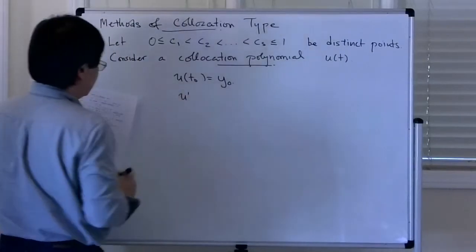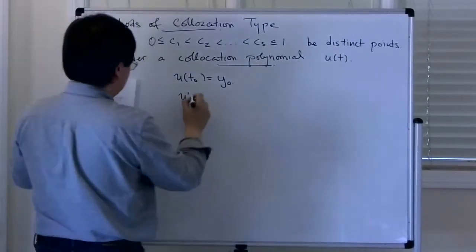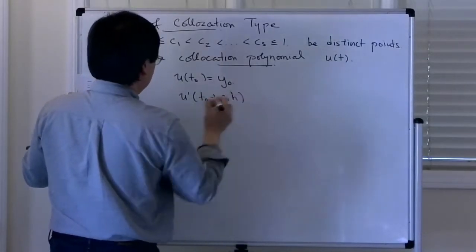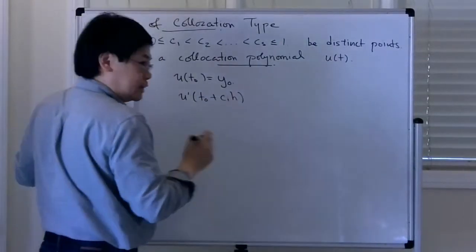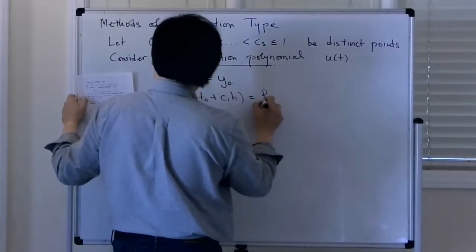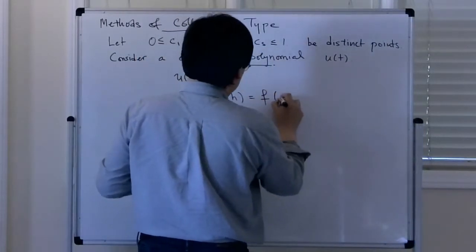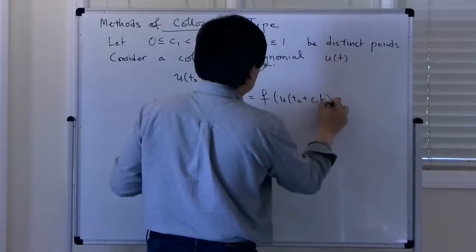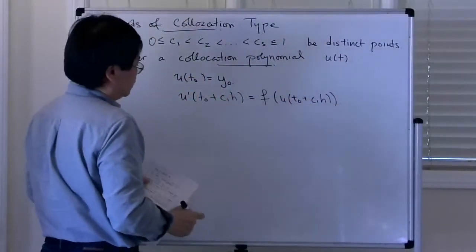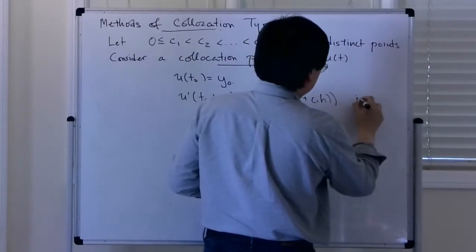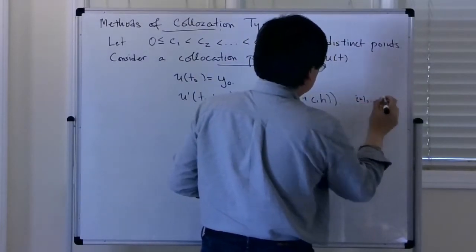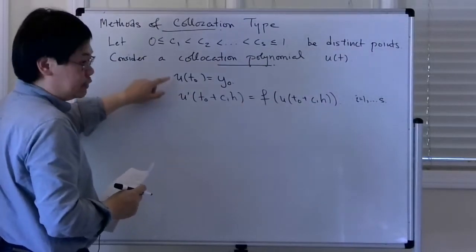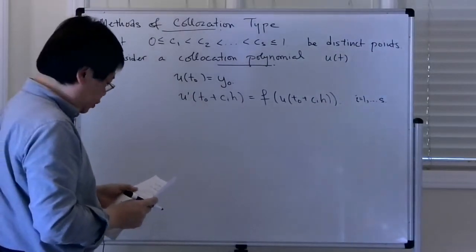So when you take u and you differentiate it and you evaluate it at time t0 plus c_i h, then this is going to satisfy the differential equation. So this is going to be f of u at t0 plus c_i h, and this is going to be true for i equals 1 to s. So now with these two things, you have s plus 1 conditions.